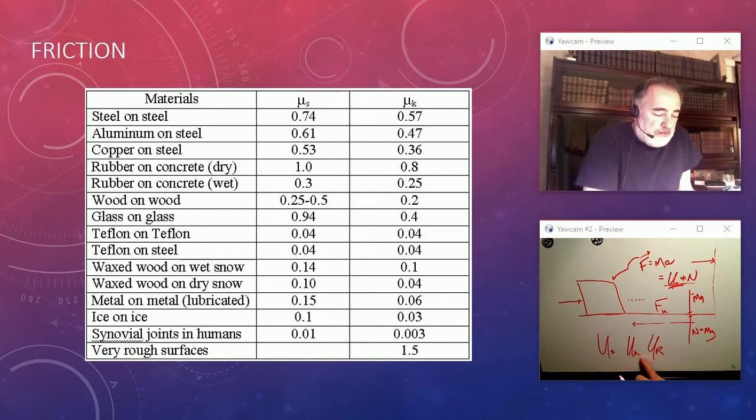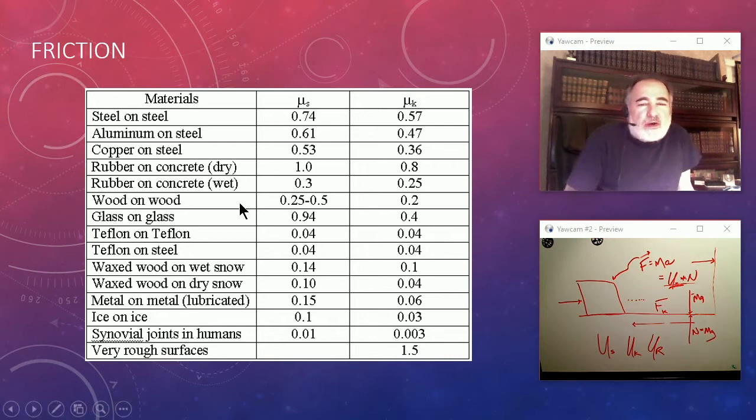Kinetic is moving, and if I have an object that's rolling, I would use the coefficient of rolling. In this little table, you can see some examples, and there are thousands of examples. You can see that Teflon on Teflon has a very low coefficient of static and kinetic friction.